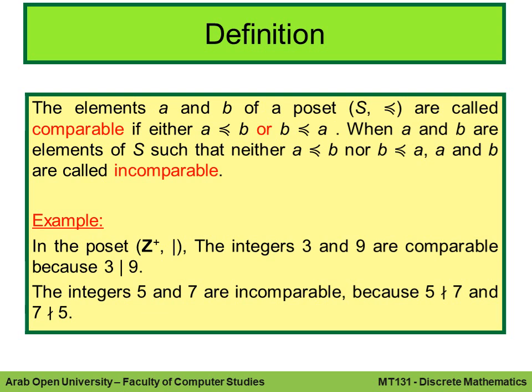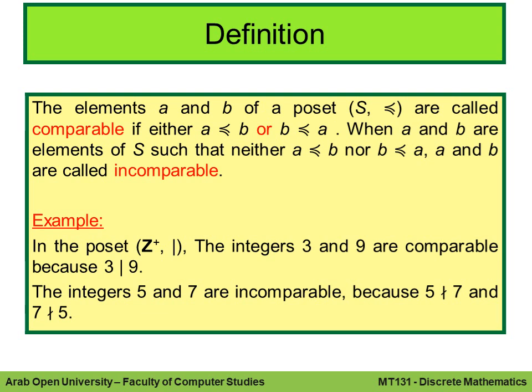Two elements are comparable if either A is related to B or B is related to A. For example, if you are taking less than or equal, then two elements are comparable if either A is less than or equal to B or B is less than or equal to A. If A and B are such that neither of these conditions holds, then they are not comparable, incomparable.